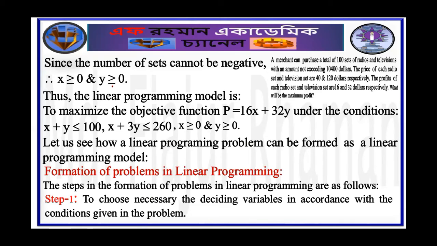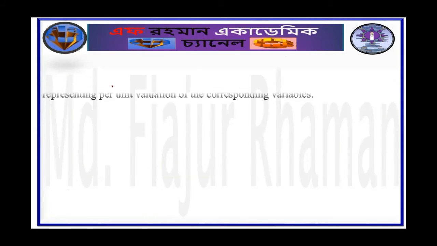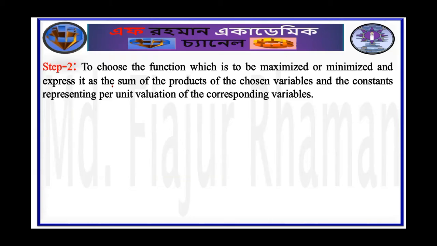We have done it in step 1. Step 2, choose the function which is to be maximized or minimized and express it as the sum of the products of chosen variables and the constants representing per unit valuation of the corresponding variables.